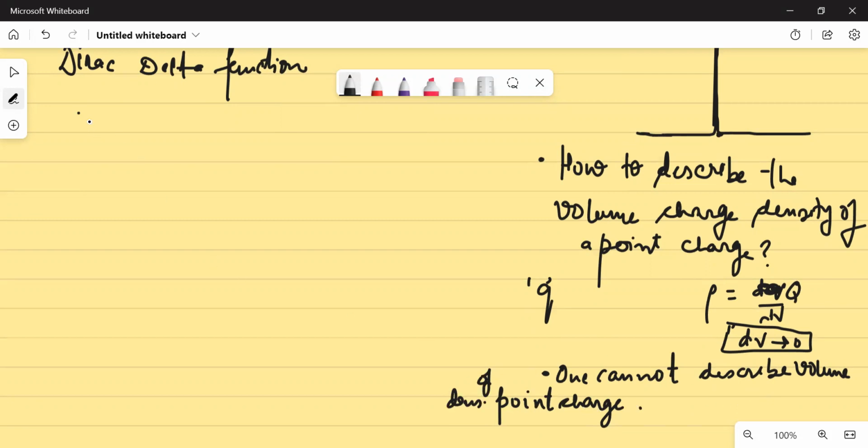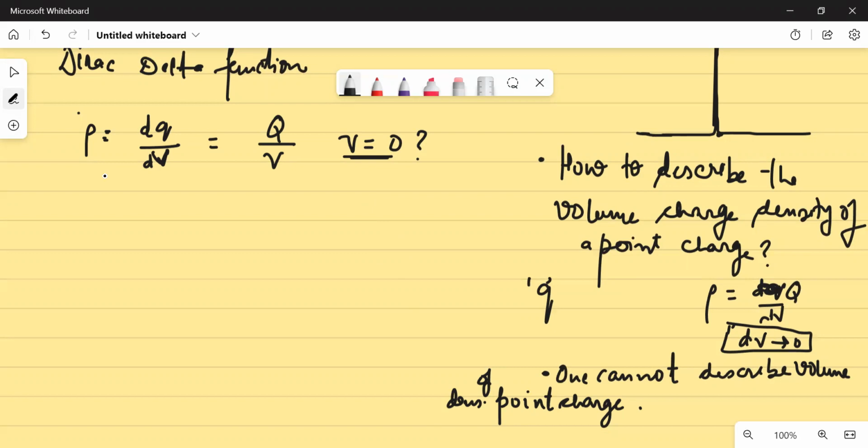Why? Because if you have a volume charge density, then you have some dq divided by dv. But now, if your point charge is there, so you have some q over v, and v is exactly 0. And you do not have such things in your calculus which say that even if you divide by 0, it can represent something physically significant.